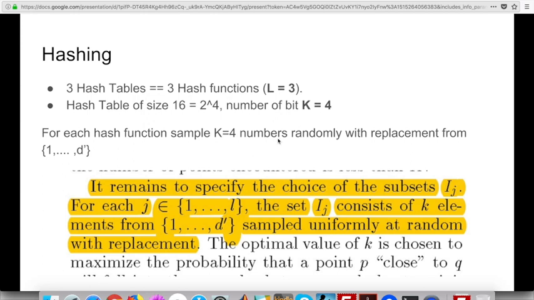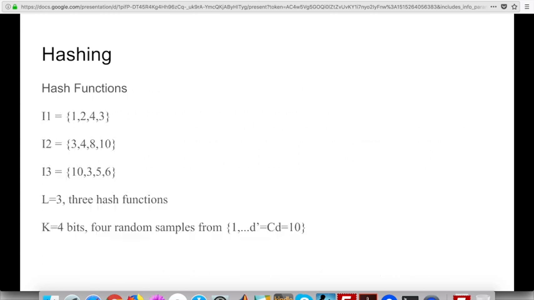Now, to define the hashing functions, we need 3 hashing functions, and we need a way to define them. The way presented in the paper is to randomly pick 4 numbers with replacement from the set from 1 to d'. Remember that d' in our case was 10. So we need to pick 4 random numbers from the set between 1 and 10.